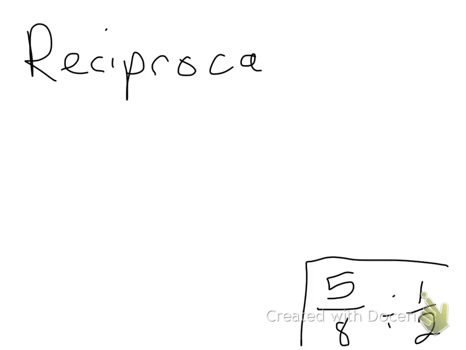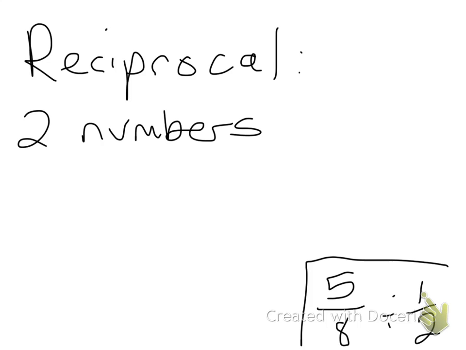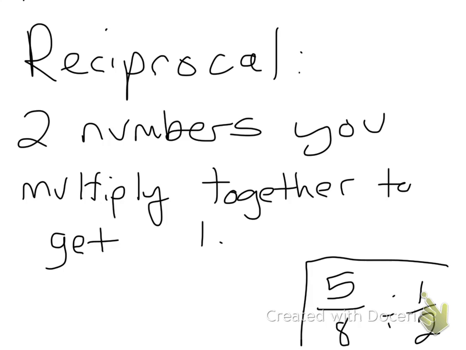So, first thing you need to know is reciprocal. We need to know what a reciprocal is for this lesson. Reciprocals are two numbers you multiply together to get 1.